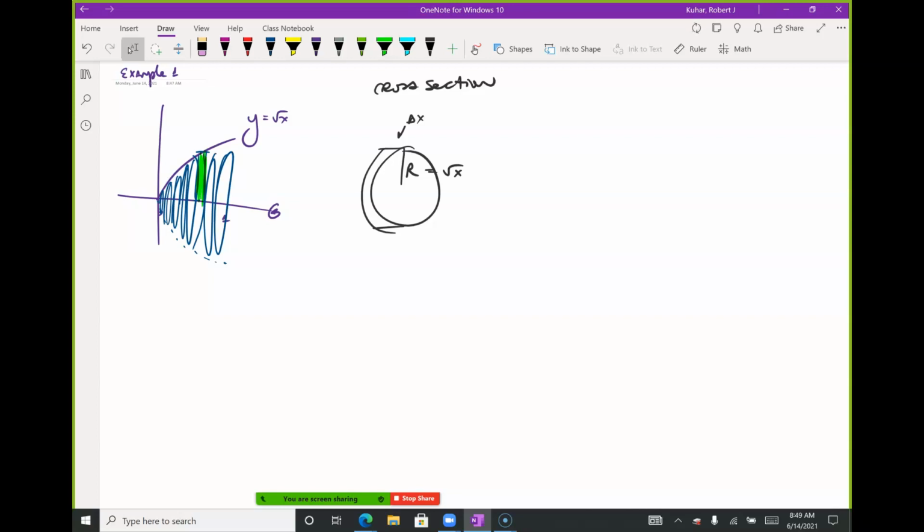So this particular cross section is a solid, so I know I need the disk method. All I need is pi r squared dx, right? So the integral from 0 to 1 of pi times square root of x squared dx. Nice and simple.